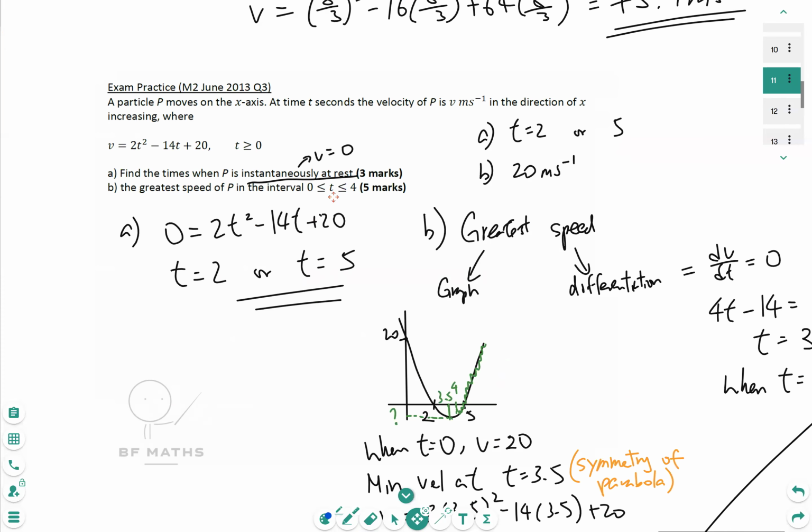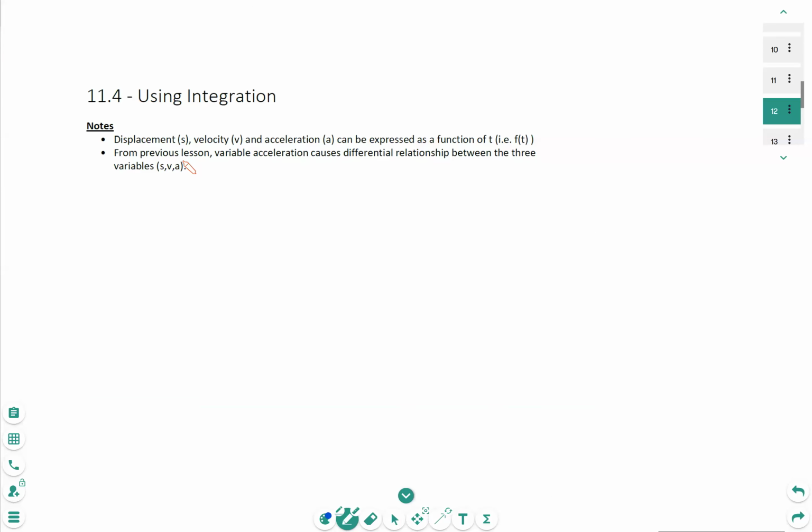In previous lessons we looked at variable acceleration, a differential relationship between three variables s, v, and a. We can use a little diagram, or a flow of working out, to show the relationship between displacement, velocity, and acceleration.